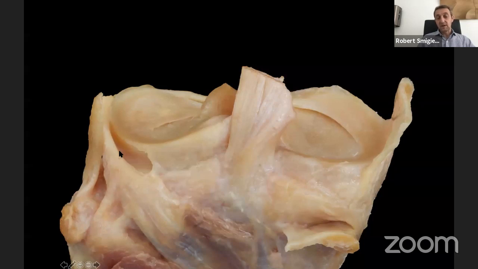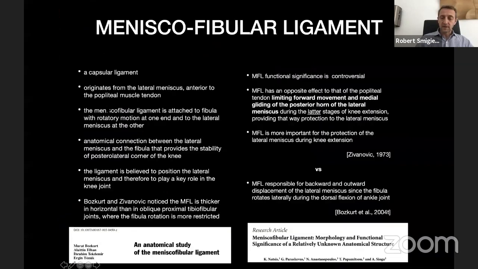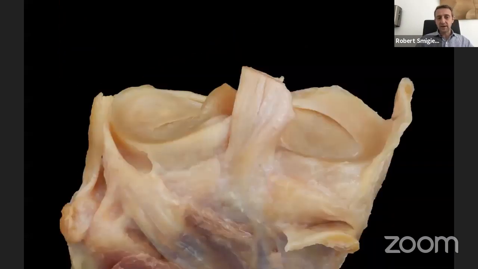It's very important. There is also something interesting about the popliteus tendon. The popliteus muscle has two layers, two parts. One is deeper, which I would call the articular part, and the second one is the superficial part.